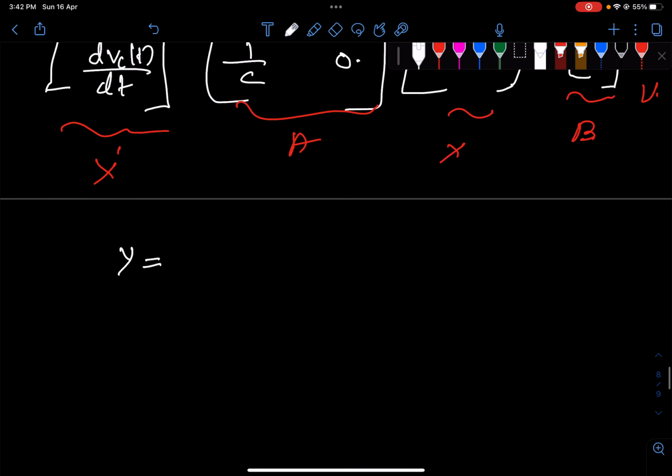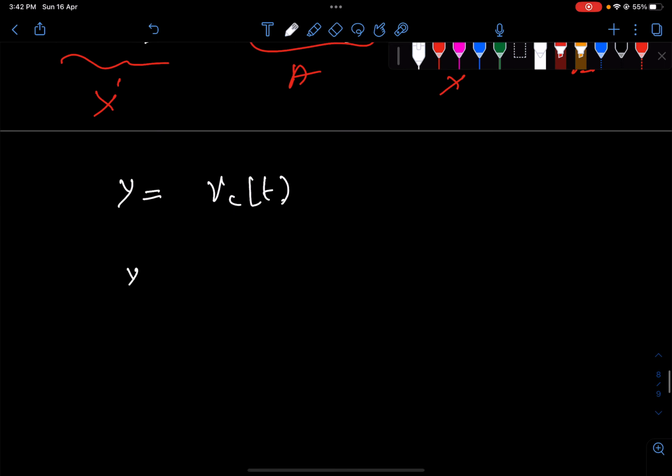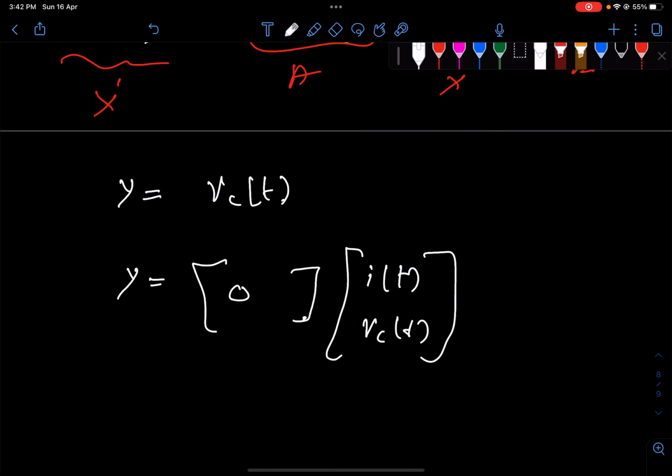Then what is Y here? Y is nothing but the output from the capacitor, that is Vc of t, and it is a state variable, right? So Y is equal to some coefficients multiplying the state variables, and it should be 0 1, so that after multiplication it remains Vc of t, plus D times u.